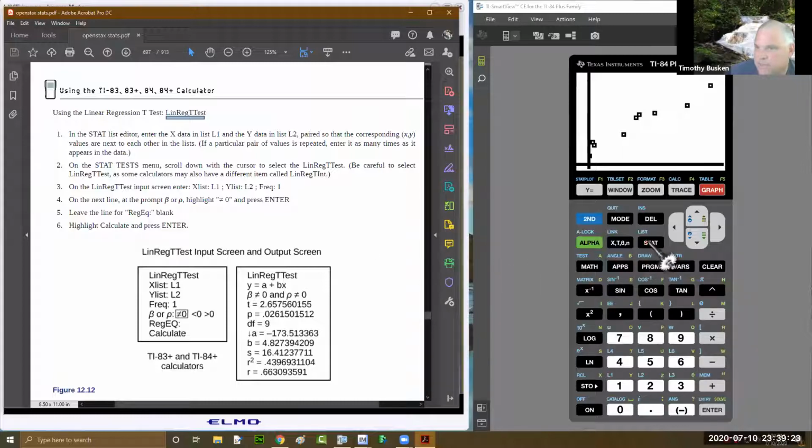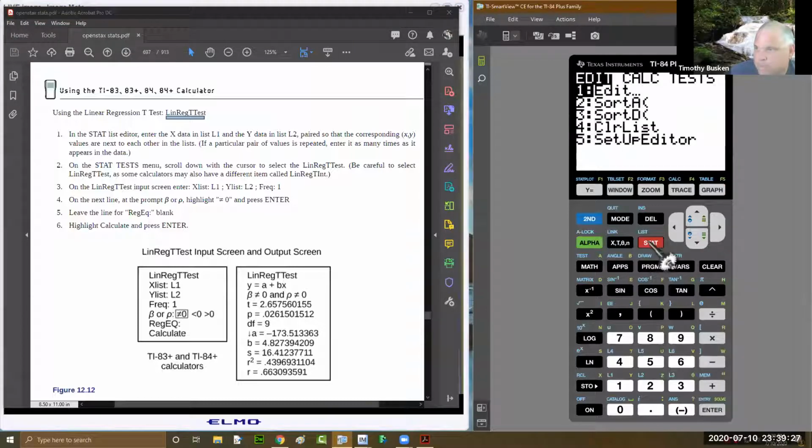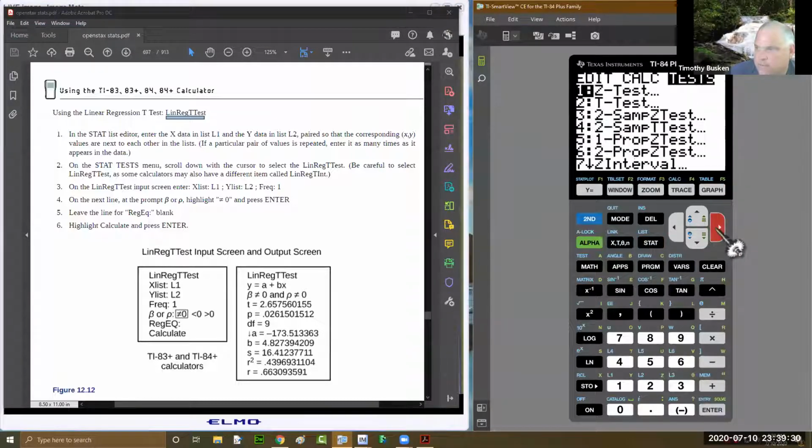Basically, I'm pressing the stat button over here after I've entered my data in. And then I'm going to right arrow over to the test drop-down menu. And I'm looking for the LinReg T-Test command.